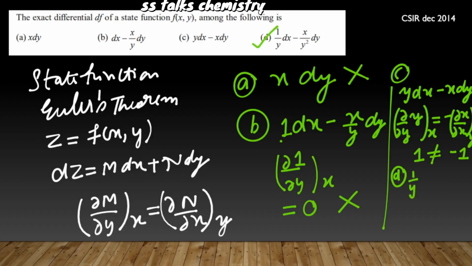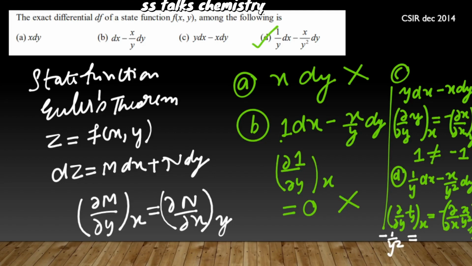It is (1 by y) dx minus (x upon y square) dy. So del of 1 by y with del y at constant x is equal to minus del by del x of x upon y square at constant y. On solving, we get minus 1 by y square on the left, and on the right again the answer is minus 1 by y square.